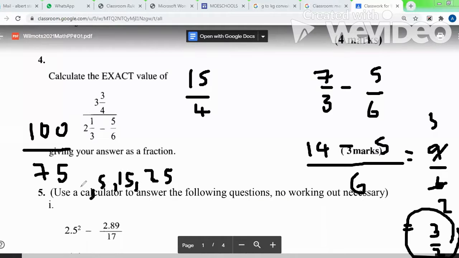5 and 1. So all these are factors of what? 75. All right? Okay, what are the factors of 100 now?